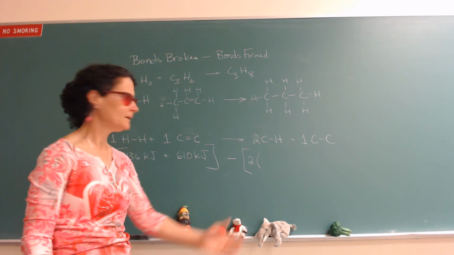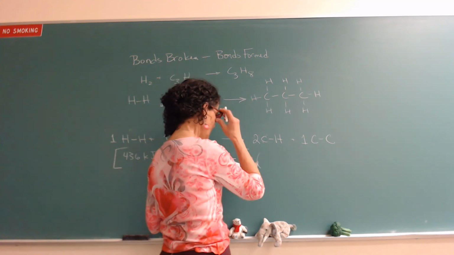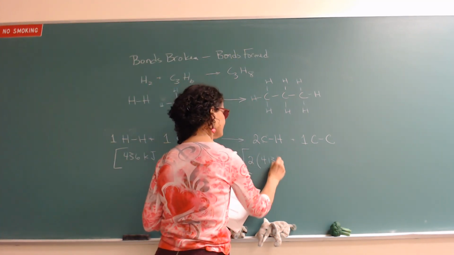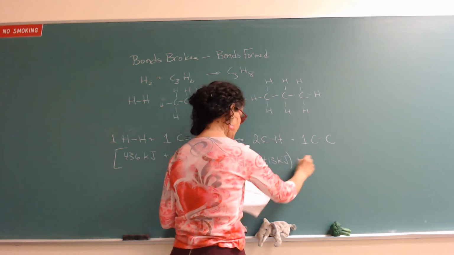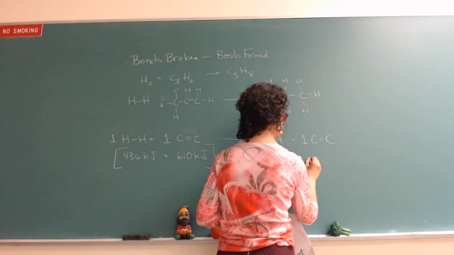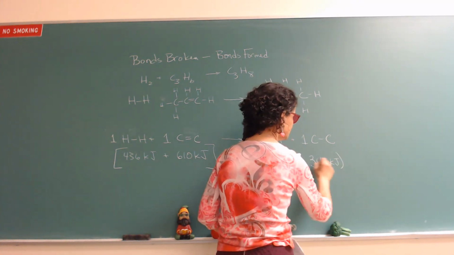It's all take home. And then the carbon-hydrogen bond, which is 413, and a carbon-carbon bond, so 346. And it does say kilojoules per mole.